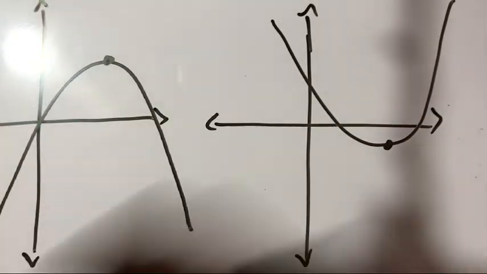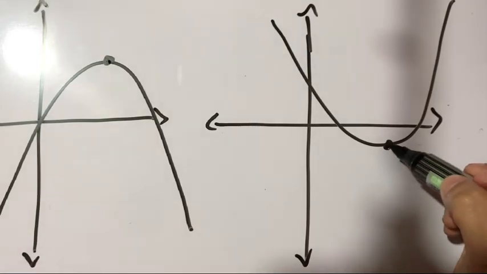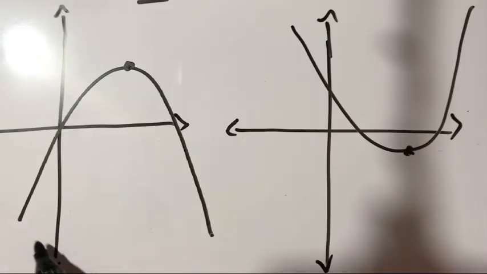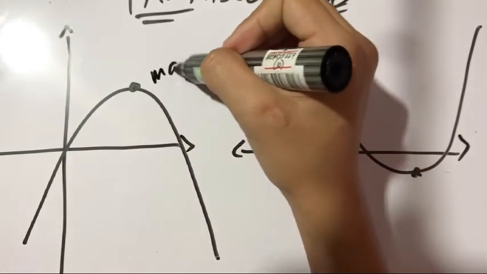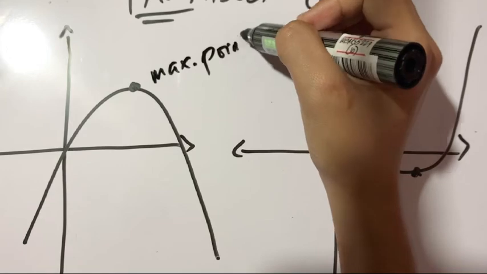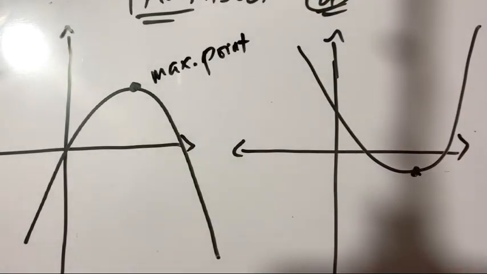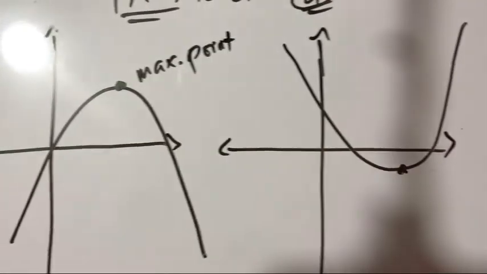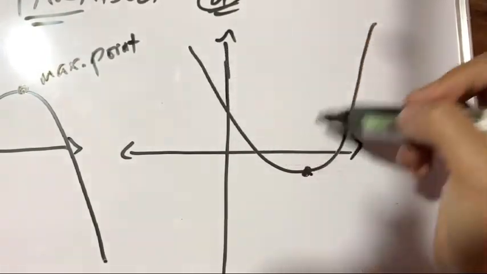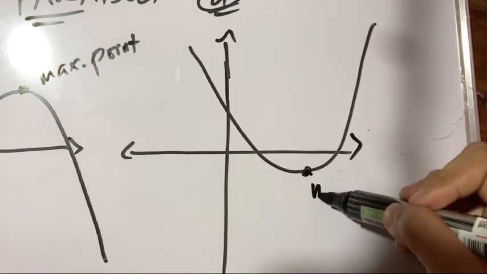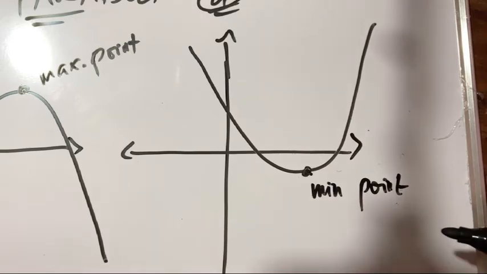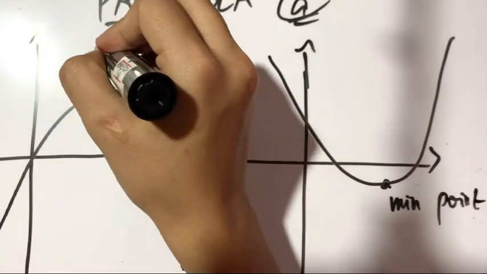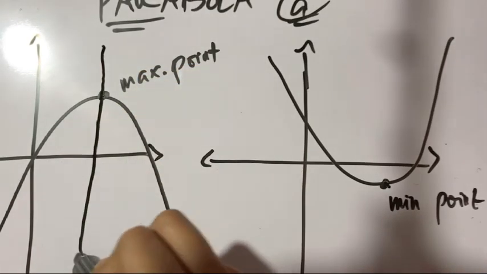When a parabola opens downward, at the vertex we find the maximum point, the highest point of the graph. And if the graph opens upward, we have here still the vertex, which is the minimum point.